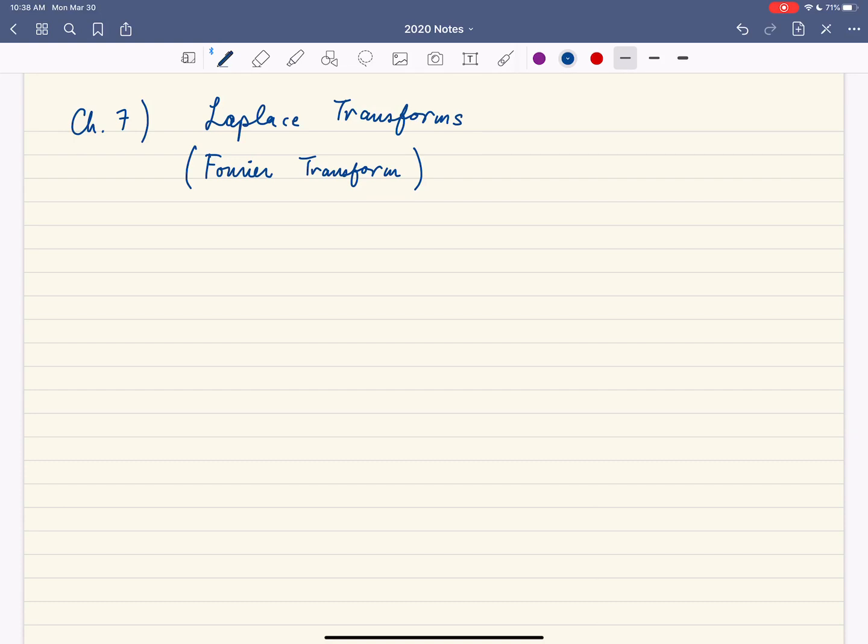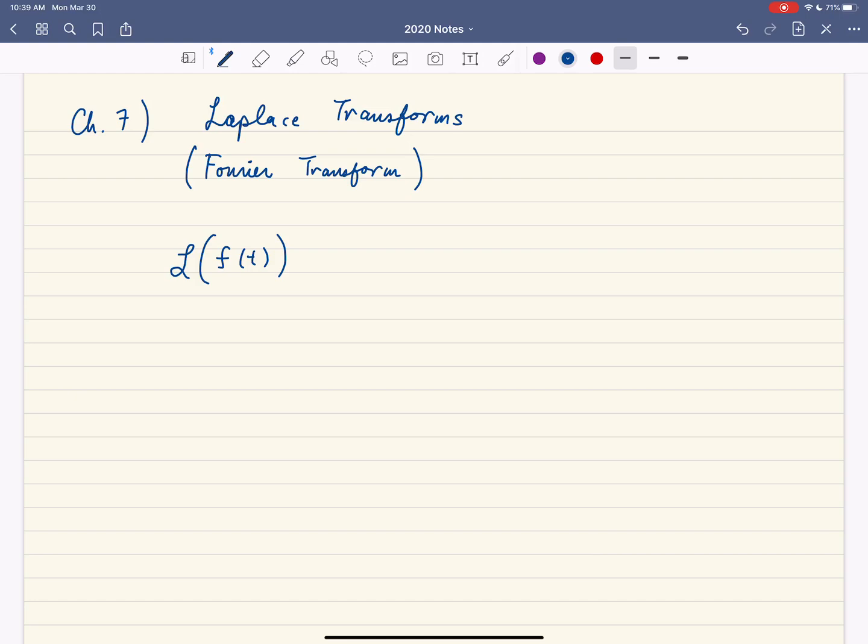The way that this Laplace transform is going to work, the way that we're going to define it, is we're going to have as our input some function, say little f of t.